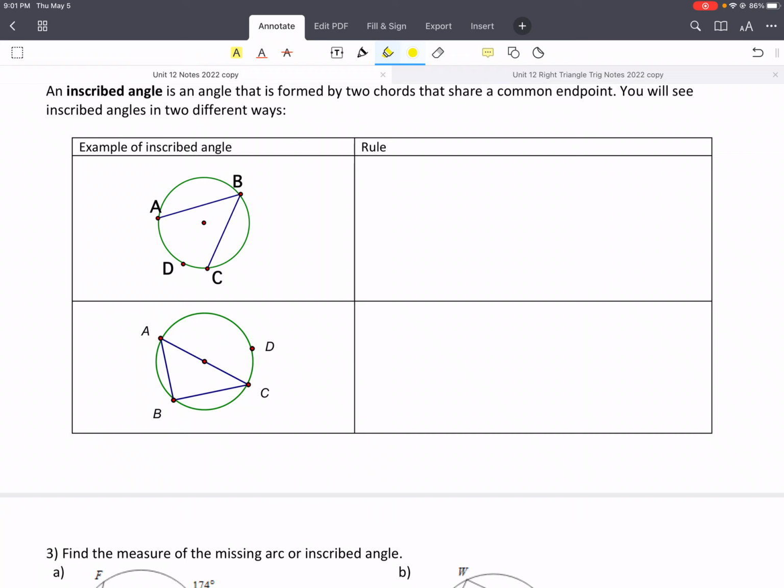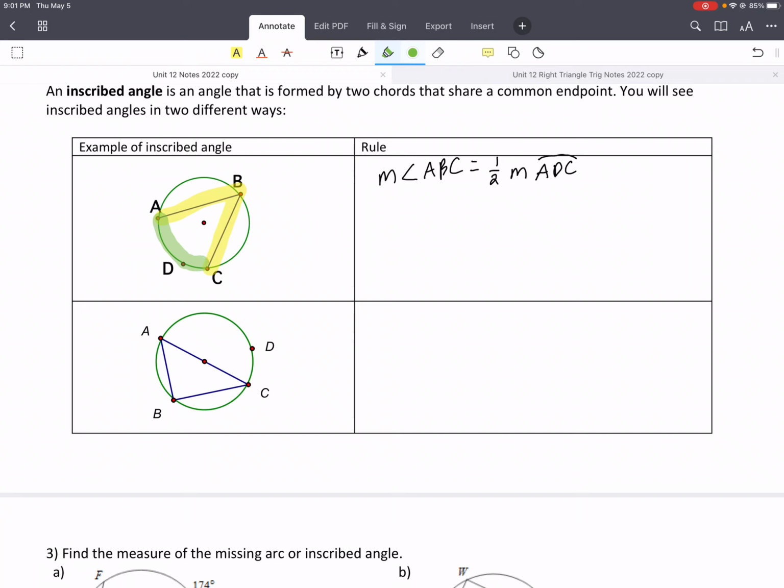For this first rule, what we have is the measure of angle ABC, so the measure of this angle right here, is equal to half the measure of arc ADC. So that angle is half the measure of that arc.